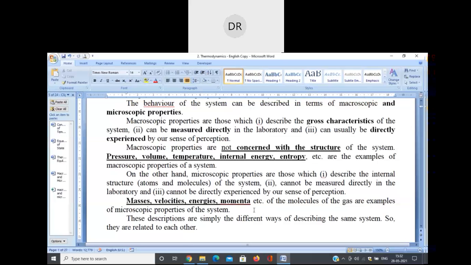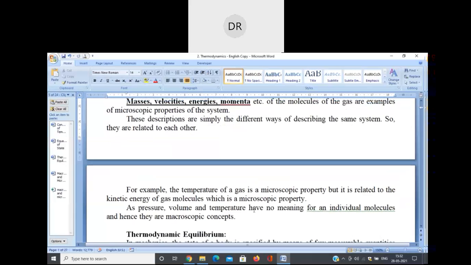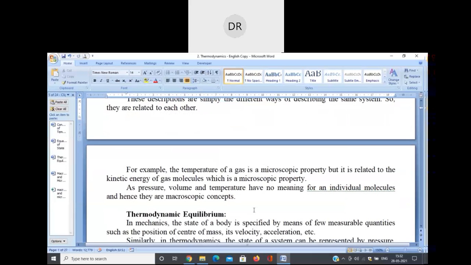So these things come under macroscopic and microscopic properties. The parameters we mention regarding microscopic properties are masses, velocities, energies, and momentums of individual molecules or individual atoms. That is about macroscopic and microscopic properties of a system.